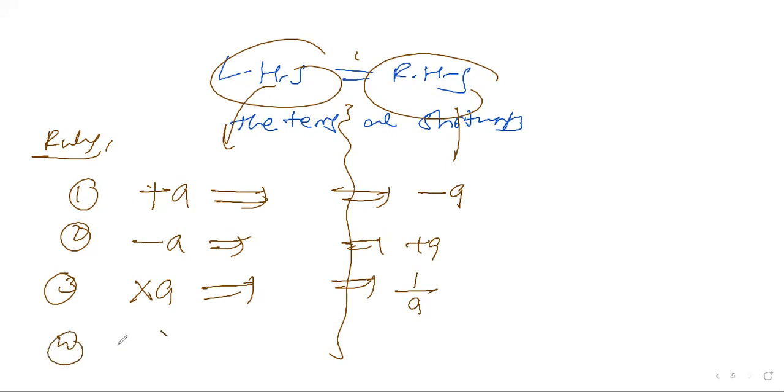The fourth case, if it is division with some other term, when you go to that particular side it should go for multiply. You have to be very clear on these rules. If the rules are not clear, you are unable to understand the next levels.